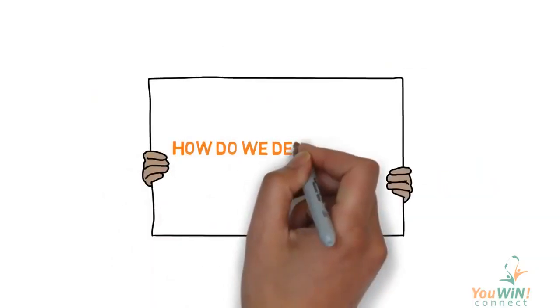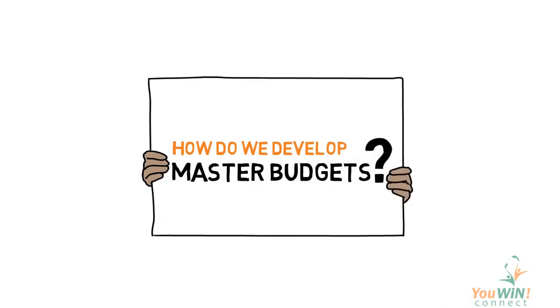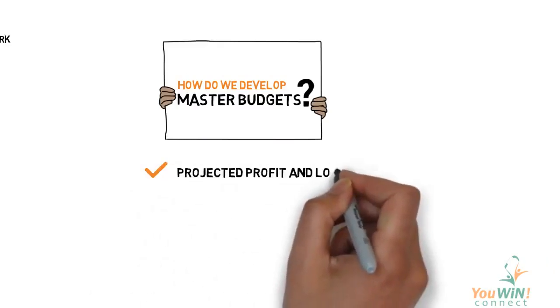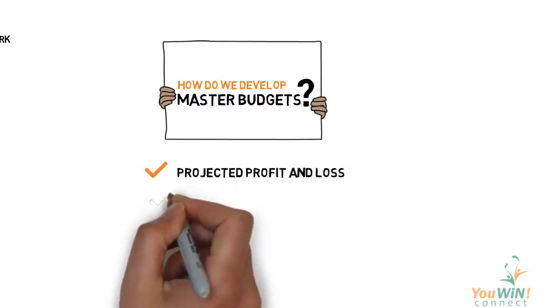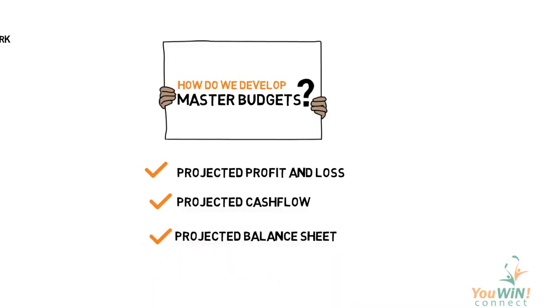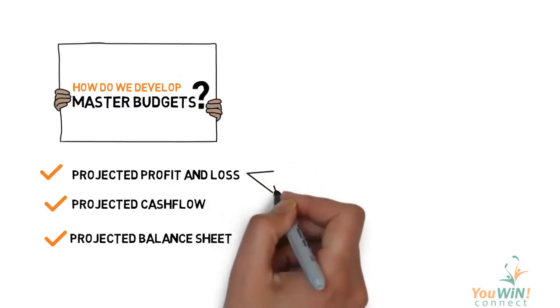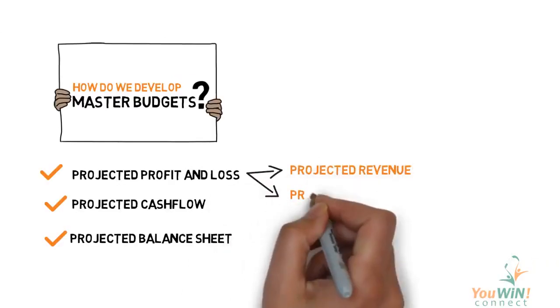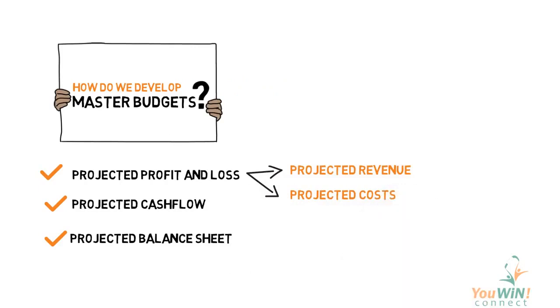How do we develop a master budget? A master budget is a budget that comprises a projected profit and loss or income statement budget, projected cash flow, and also a projected balance sheet. A projected profit and loss, which is one of the components of a master budget, is basically in two parts: projected revenue and projected cost.